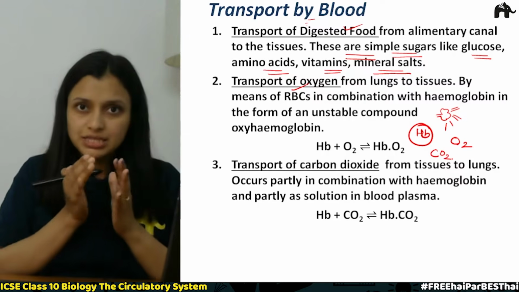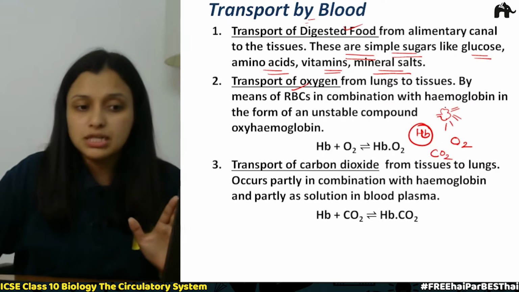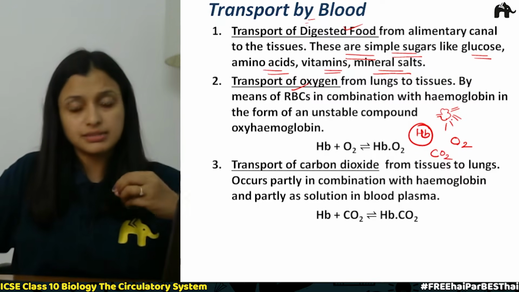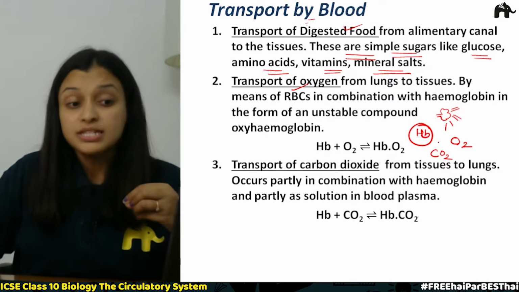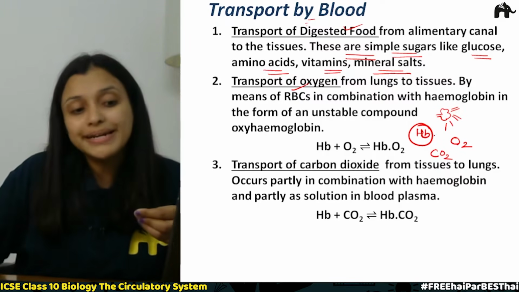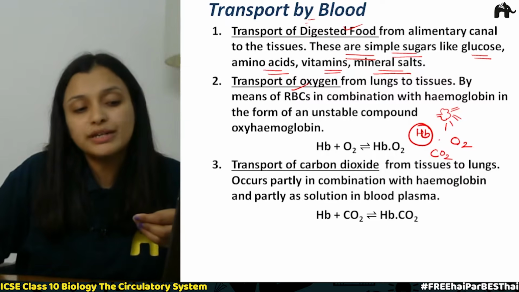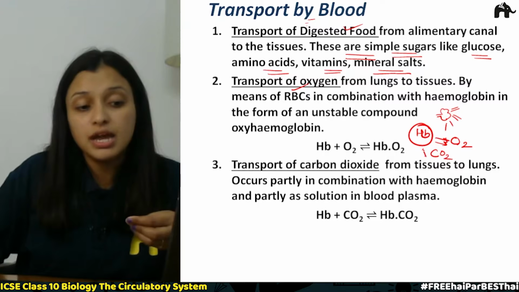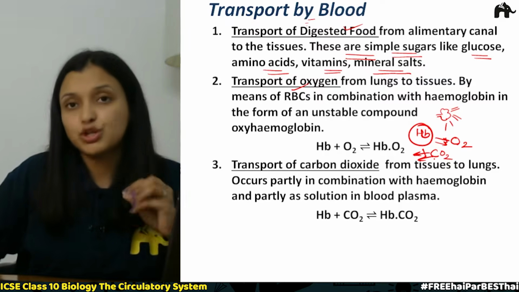So as soon as this blood reaches the blood vessels near the alveoli, since hemoglobin has more affinity for oxygen, the blood attracts more and more oxygen from the alveoli, and it gives away the carbon dioxide to the alveoli.